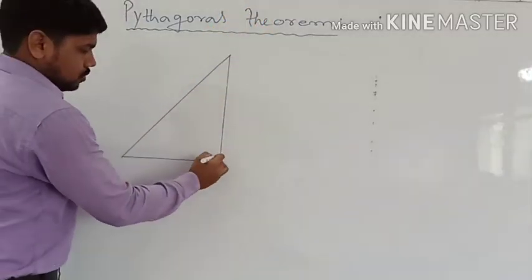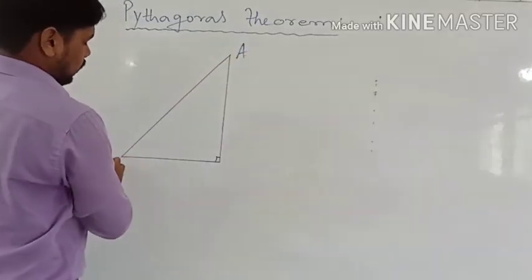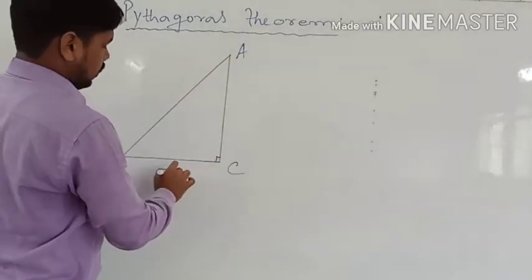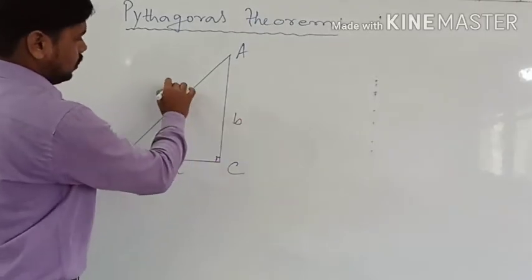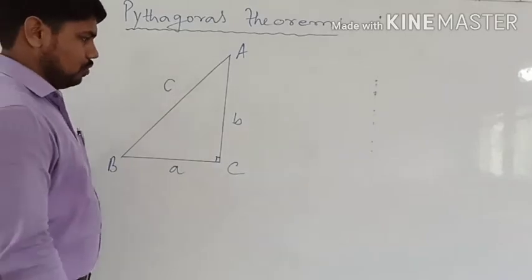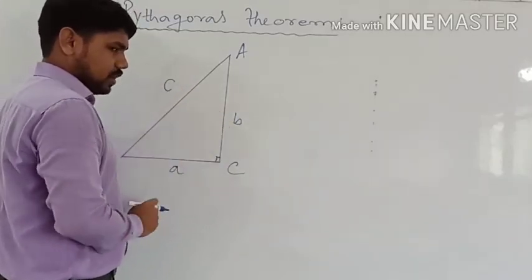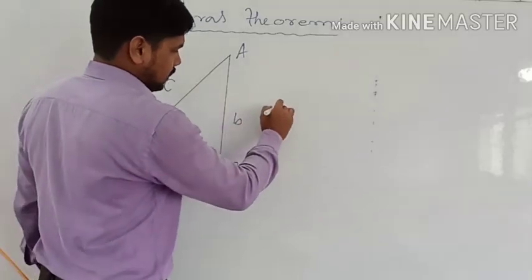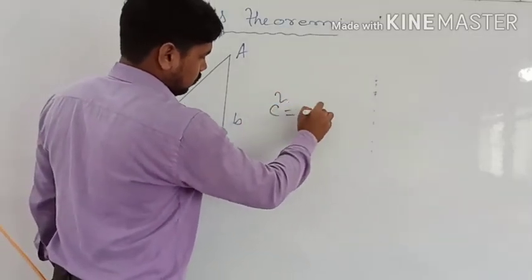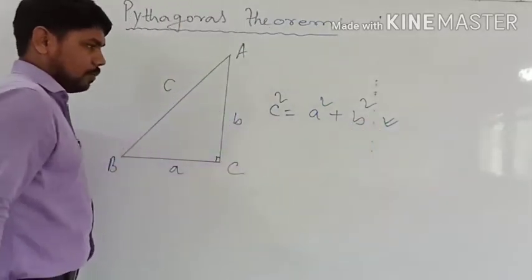I am taking the names A, B, C. So what happens in this? As we know from the Pythagoras theorem, c square is always equal to a square plus b square, right? So here we write c square is equal to a square plus b square. This we know from the Pythagoras theorem.